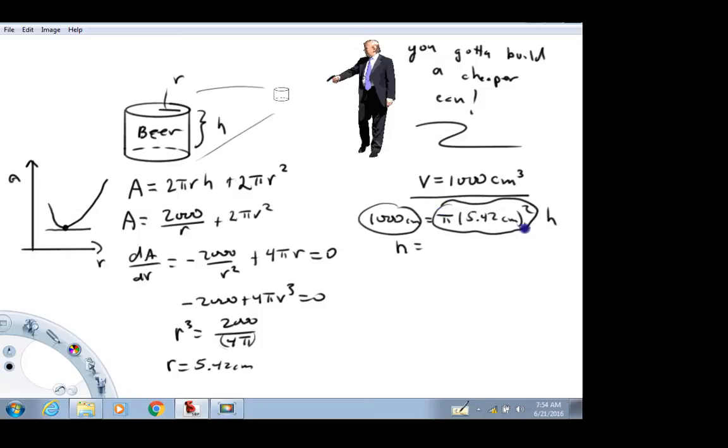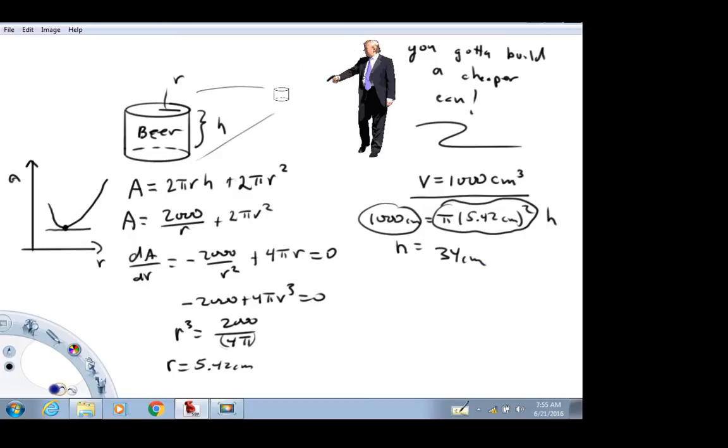Being sure you put this entire thing in parentheses when you do the division. And what do we get? 34 centimeters. Anybody else get that, just to confirm? I'll get one more opinion here before we move on for h. 34. Okay, so now if it's wrong, it's your guys' fault, and you're fired.